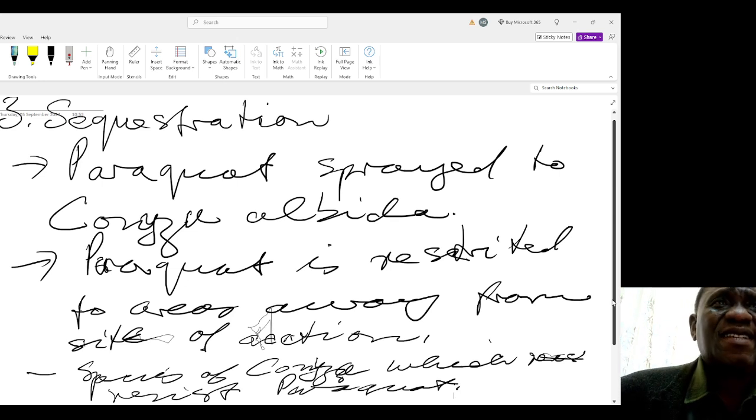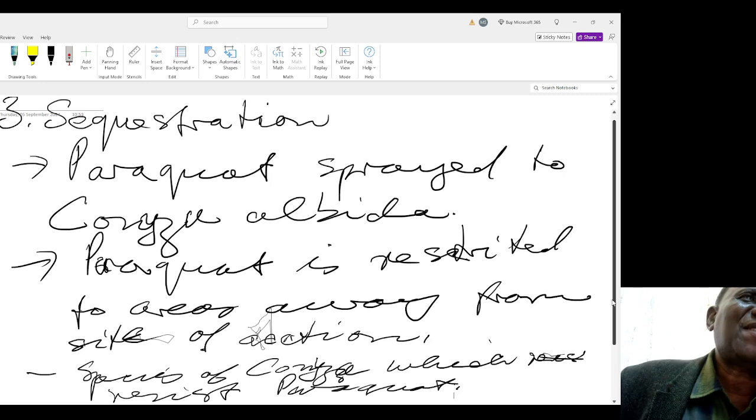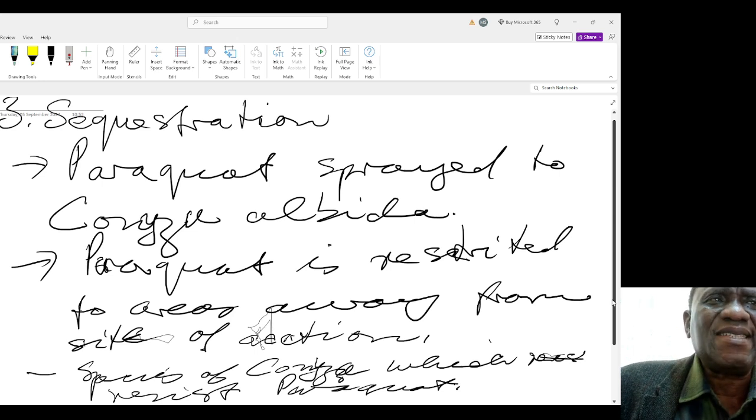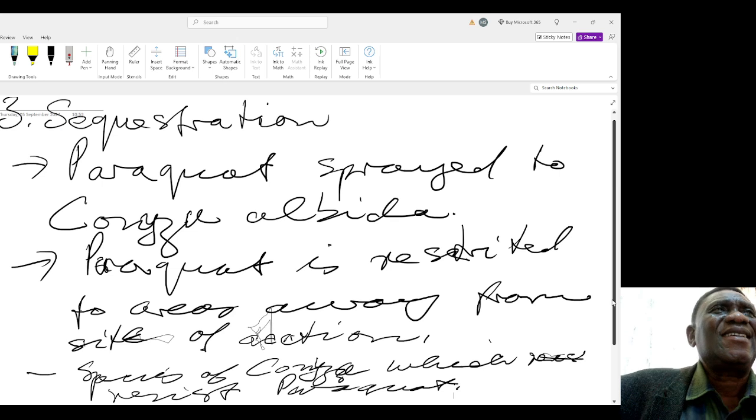So sequestration is a process where the herbicide is restricted in some plants, like Conyza. We know paraquat kills everything which is green, but when it comes to Conyza, it is restricted in certain areas in such a way that it doesn't reach the site of action, and therefore Conyza is not killed. So it gives rise to selectivity.